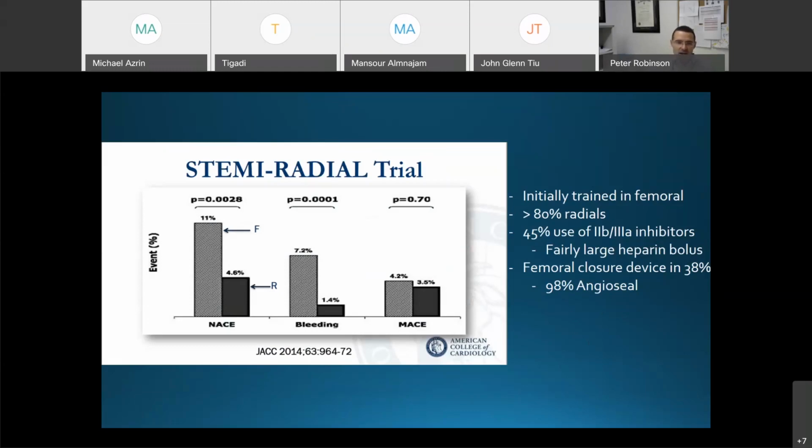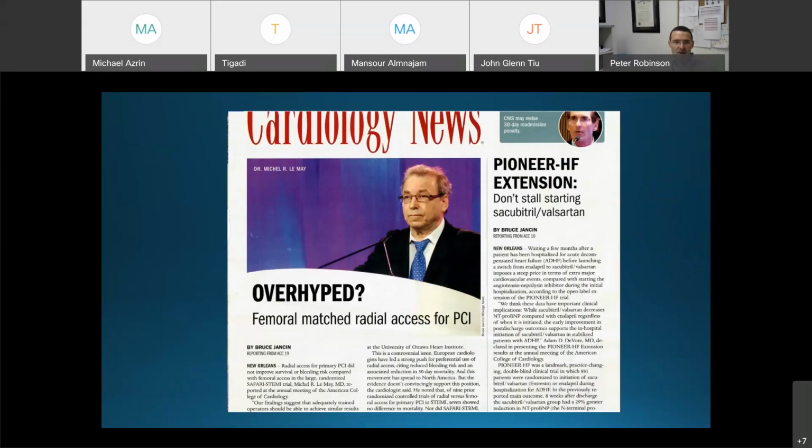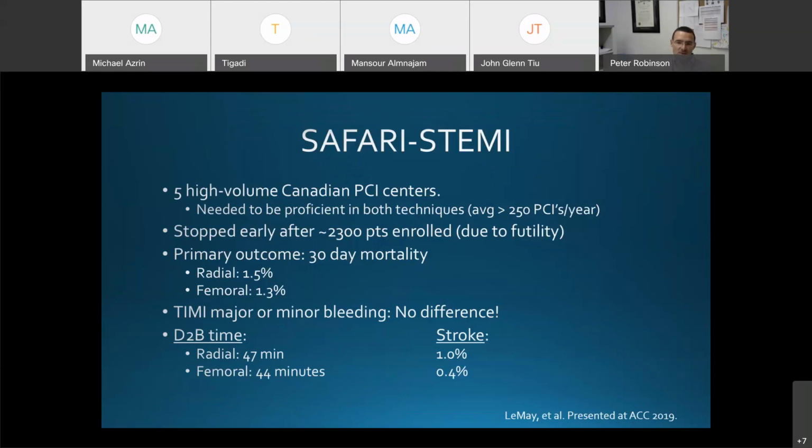A 7% significant bleeding rate is incredibly high, and clearly drove their events. I just love throwing this out there. This was a year or two ago. I don't think using a radial approach is overhyped, but this concept that you're reducing mortality is amazing to me, that we still tout this. This doesn't get a lot of press.